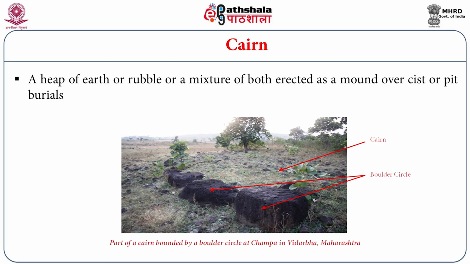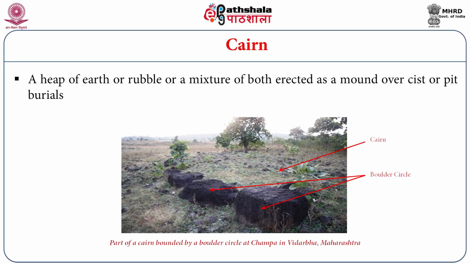Then they placed the stone circles and packed the burial with rubble or small stones so that they would not be disturbed by rain and other factors. That is the reason why we find this kind of packing of rubble at certain sites.